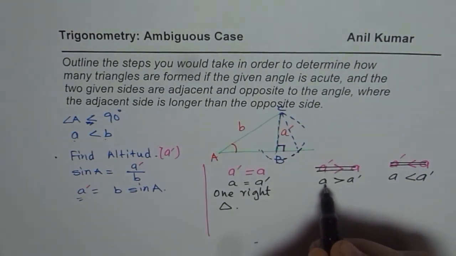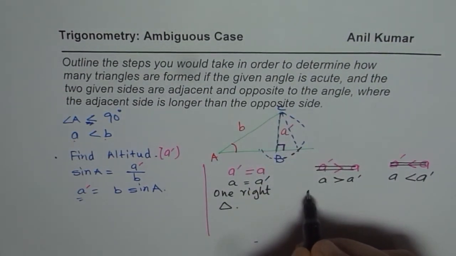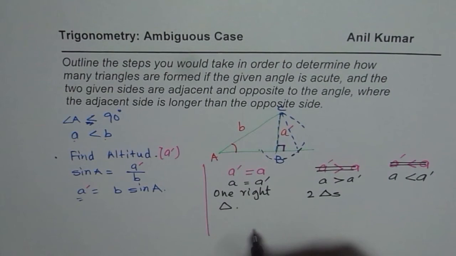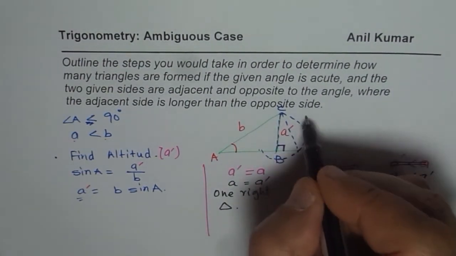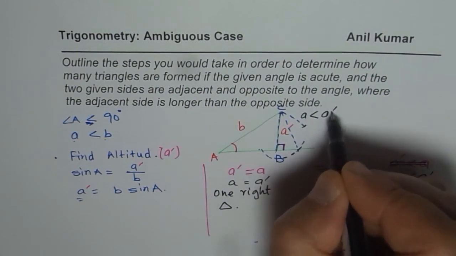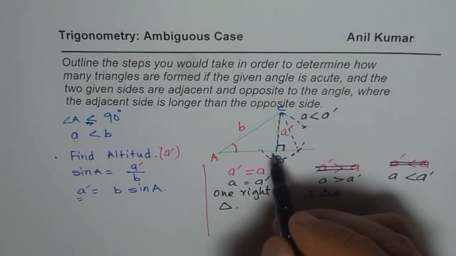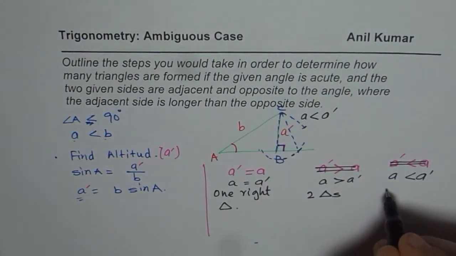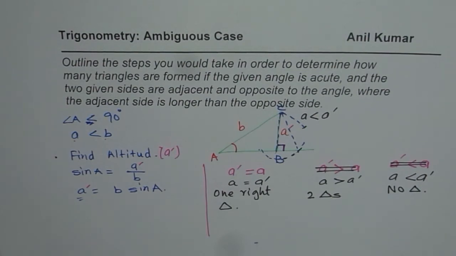So if a is greater than a dash, that means a is greater than the altitude of the triangle, in that case we make two triangles. And if a is much lesser, when a is lesser than a dash, this is not long enough to form a triangle, so we make no triangle. So that is how you have to answer this question.